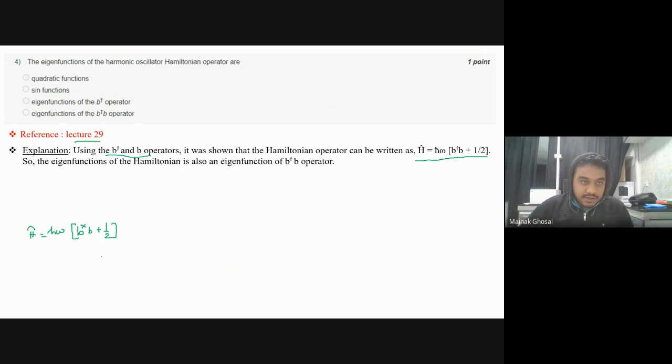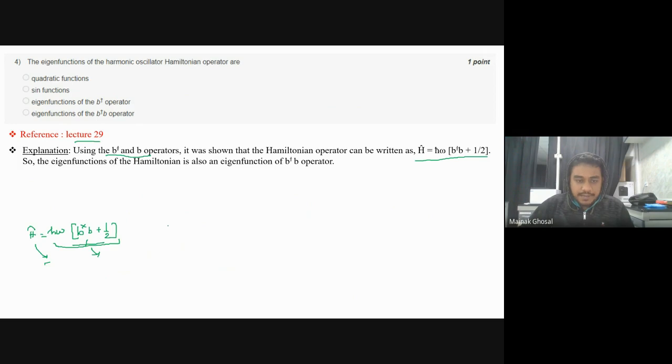But for the next two options, you can write your Hamiltonian in terms of this one. So whatever the eigenfunction is with respect to the Hamiltonian, it will be the same eigenfunction with respect to this one also, right?